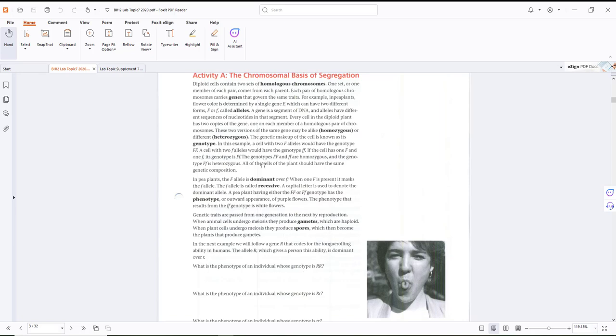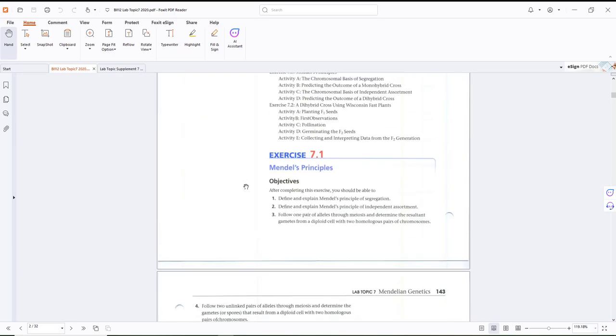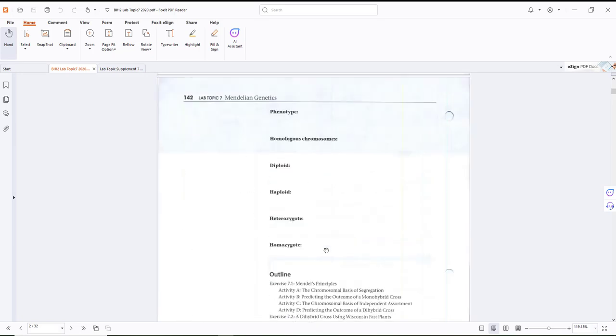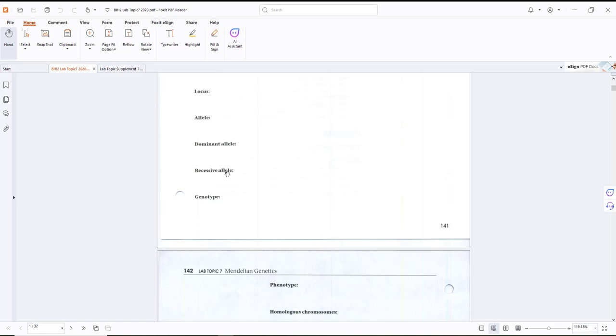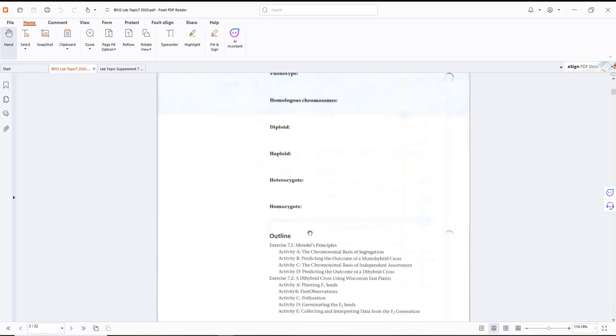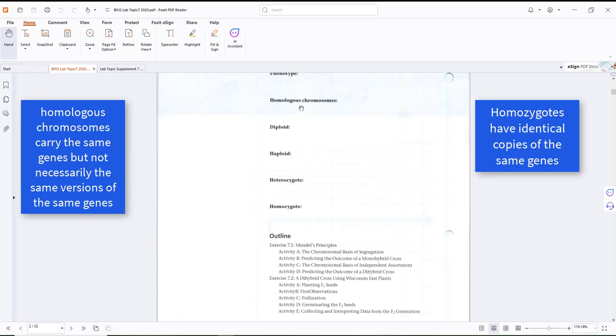If we have these definitions down really well, then we'll remember that homologous chromosomes basically carry the same genes, but not necessarily the same alleles of the same genes.